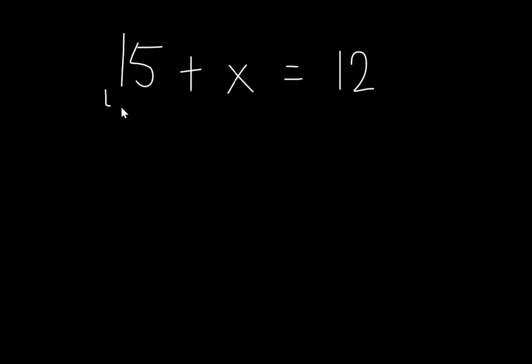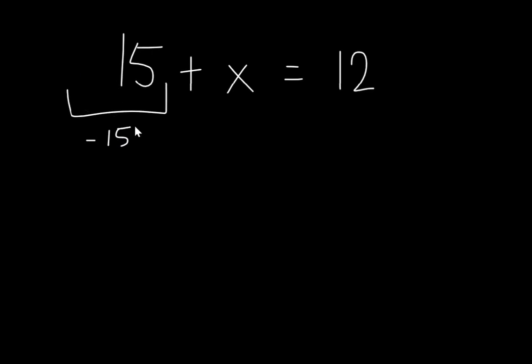This is positive 15. You don't need to write the positive sign in front of the 15 if it's the first number. If it's a negative 15, you need to write the negative sign.